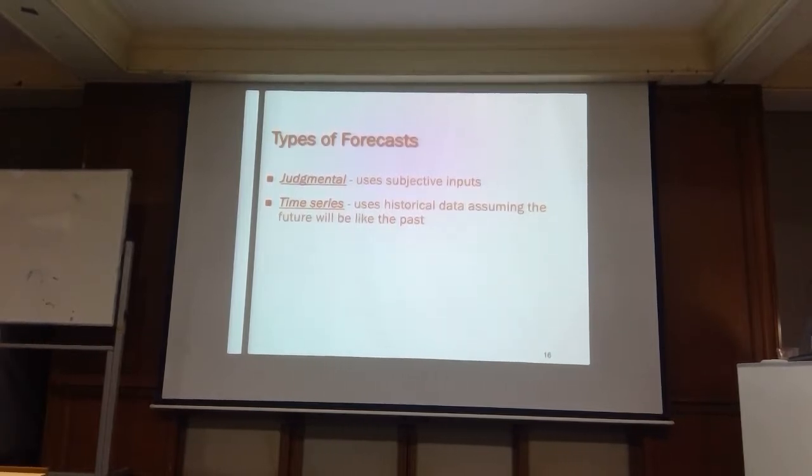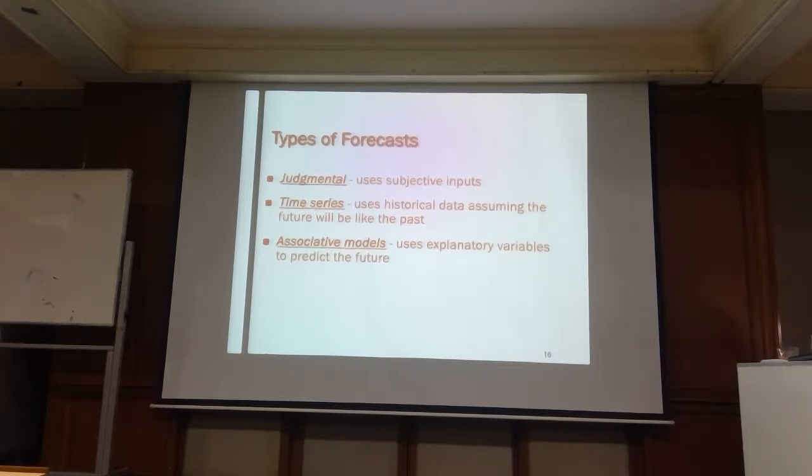For example, the opinion from the consumer, from the sales, from the executive. So sometimes we can think of it as qualitative, but when we divide forecasting into different types, we also call it the judgmental method. So it's judgmental, which is qualitative, plus time series analysis, which would be quantitative.